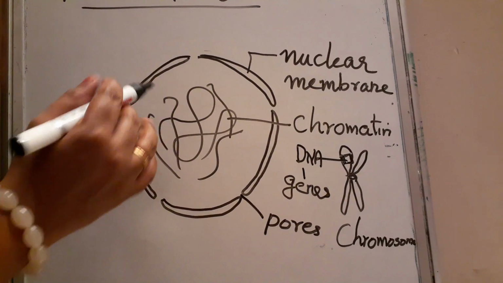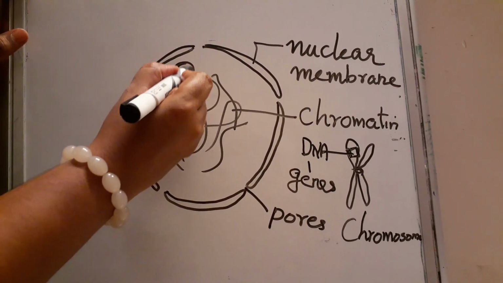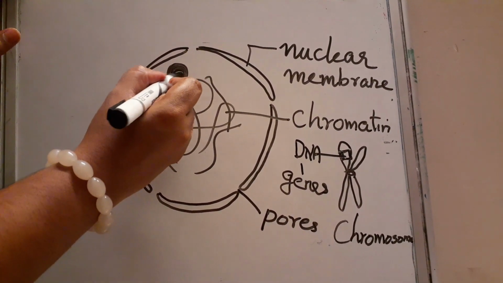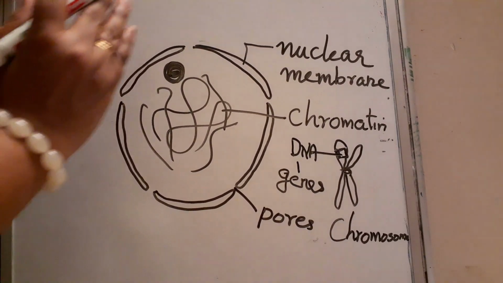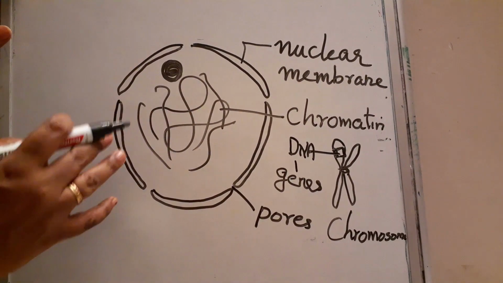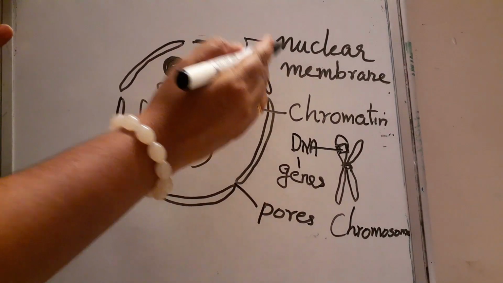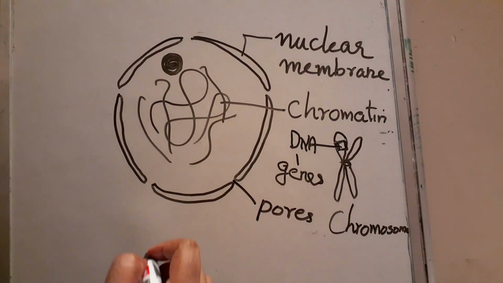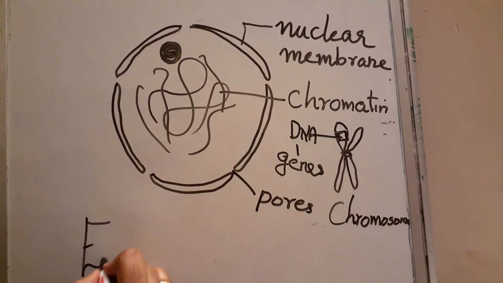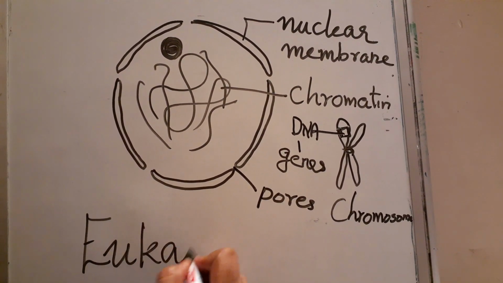In this nucleus we can see one more thing, that is the nucleolus, which contains nucleic acid. So this is the structure of the nucleus. If the nuclear membrane is present, that type of organisms are known as the eukaryotes.